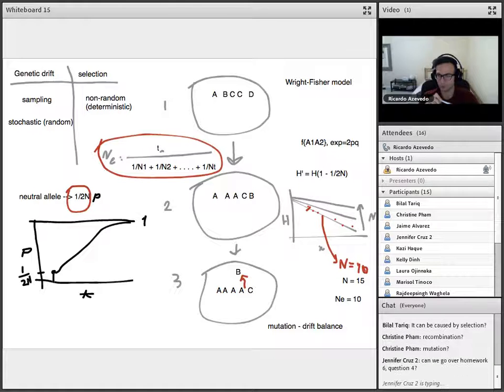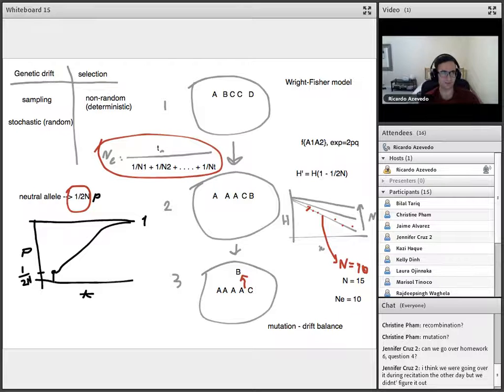Can we go over homework 6 question? Where is actually homework 6? Homework 6 question 4. Let me find that. Oh, sorry. Yes, a question. Jennifer asks, "Can we go over homework?" Yeah, that is a question actually which I couldn't correctly answer on the last recitation.